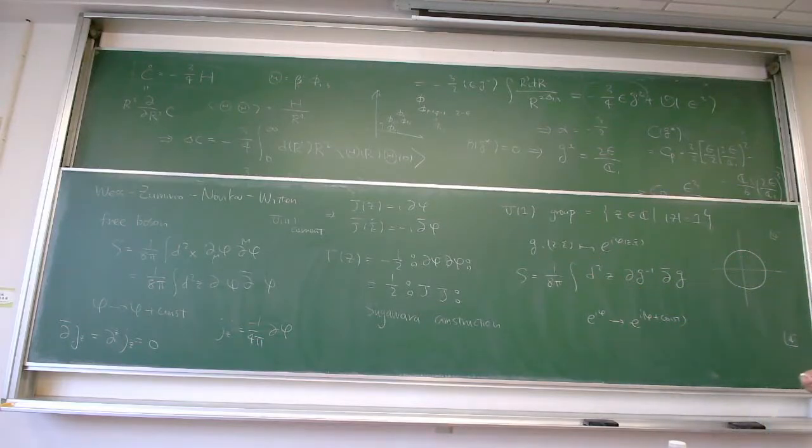Z and Z bar include the origin, or zero, you mean? Whatever the map, if you have R2 times S1, any map, phi is just S1. g is just a map from R to S1.